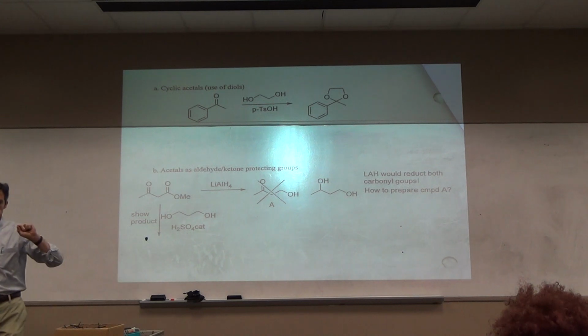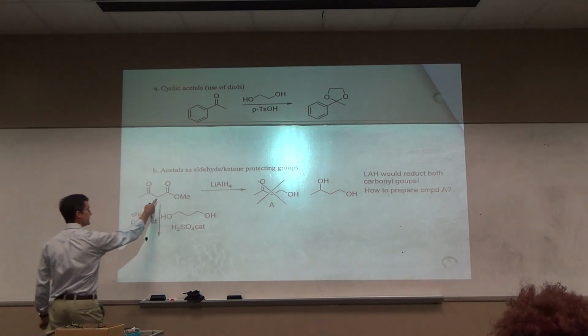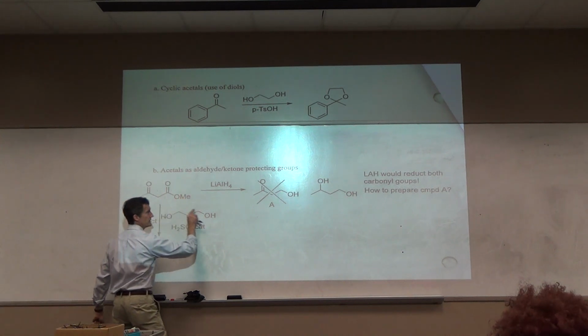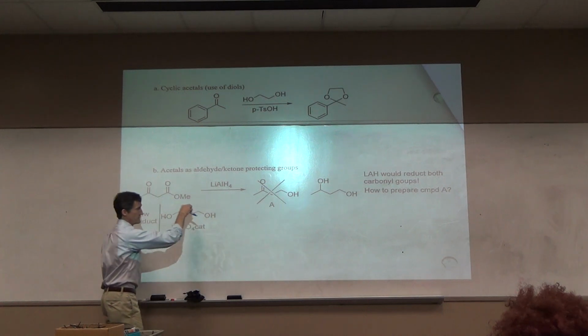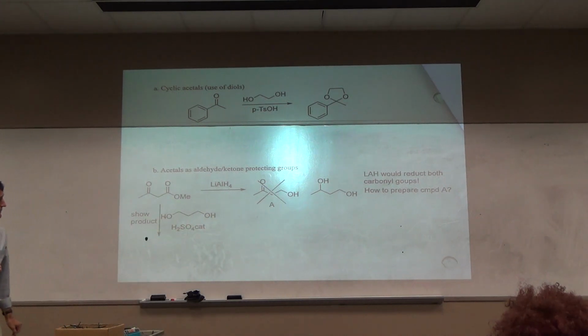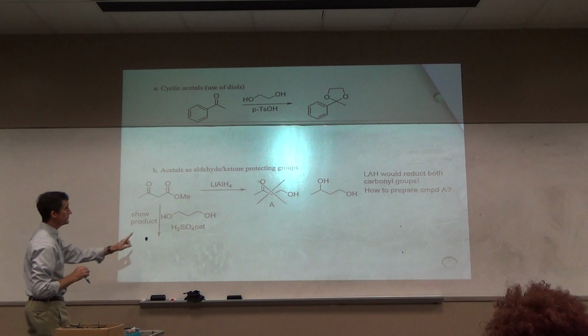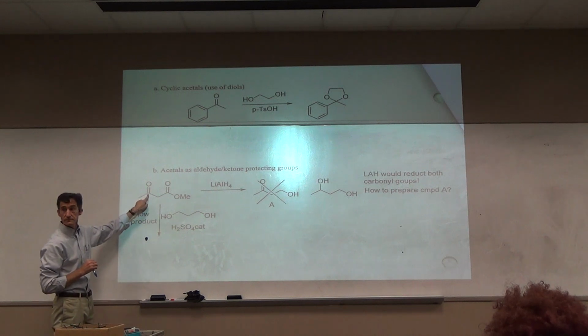It's been doubly reduced. Additional elimination gives the aldehyde, and then another addition ultimately would give the alcohol. But if you tried to make compound A this way, you would not get A. You would get the other compound over there because the hydride would also add to the ketone.